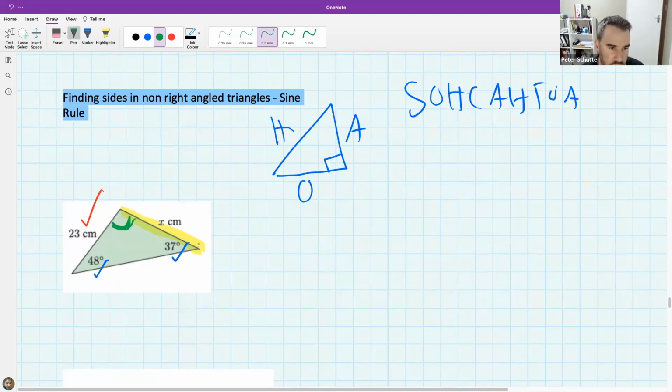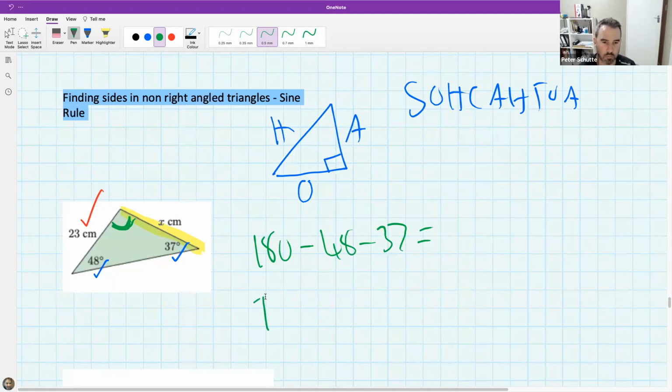You could go 180 minus 48 minus 37, and that's great. But even if you knew that angle, it wouldn't help you because you're looking for that yellow side. So what you need is more tools for solving for unknown sides and angles in non-right triangles.